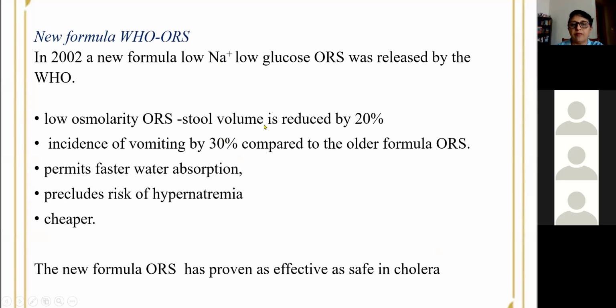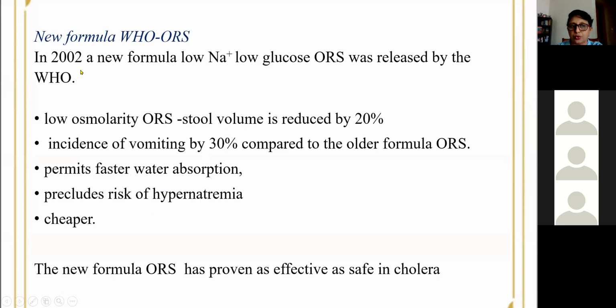The stool volume is reduced by even 20%. The incidence of vomiting is reduced by 30% compared to the older one. It permits faster water absorption. Then the risk of hypernatremia, that means if there is high sodium there will be hypernatremia, is not there, and it is cheaper also.